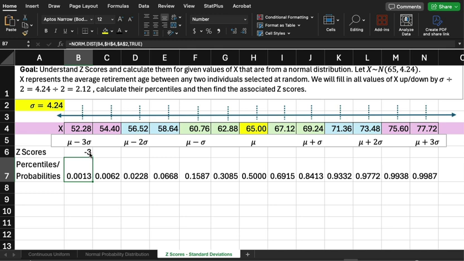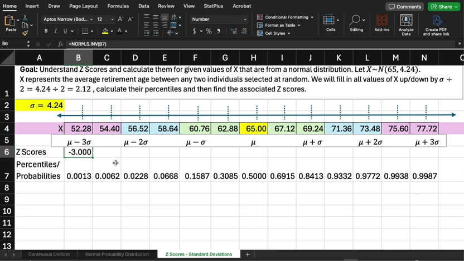And you'll notice that that's giving me a z-score of exactly -3, and directly above that, we see that the number 52.28 is the mean minus 3 times the standard deviation, minus 3 times sigma. So the -3 is the number of standard deviations away from the mean we are.